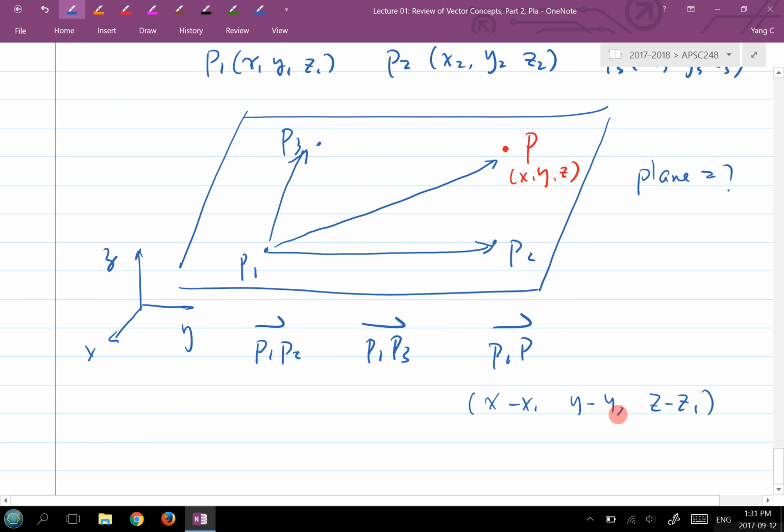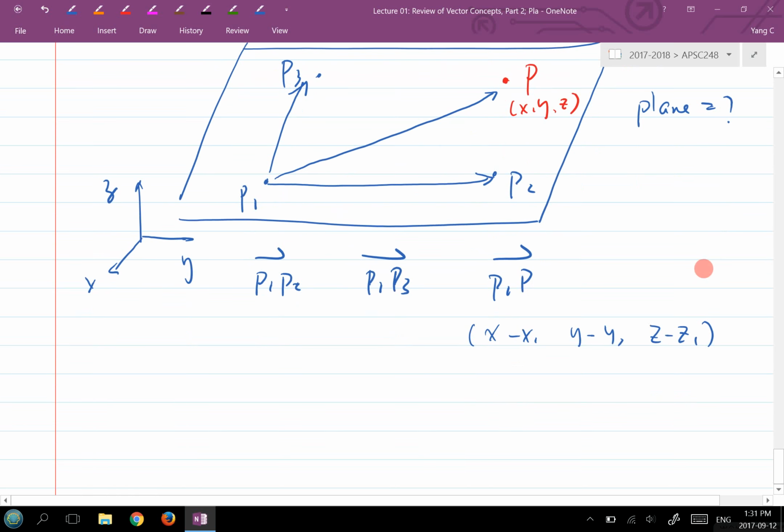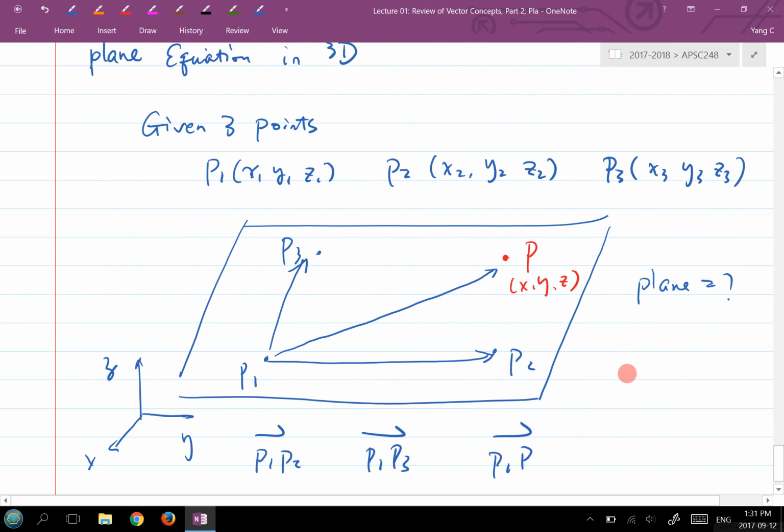So how do we relate all this information to the idea of the plane? We can use the results we just derived for the volume of the parallelepiped. What is the volume of the parallelepiped? It's A dot B cross C, right? And how was that parallelepiped constructed? It was constructed using how many vectors? A, B, C. So how many vectors do I have here? 1, 2, 3, right?